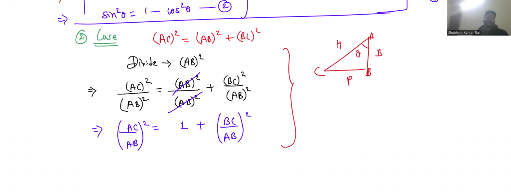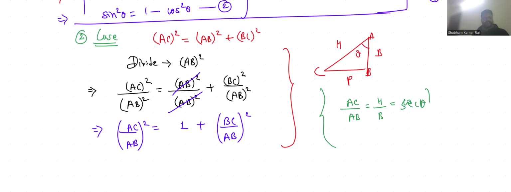As a reminder of the trigonometric ratios, what is AC here? That is hypotenuse. And what is this? It is base. So hypotenuse upon base is what? Tell me. It is basically the reciprocal of cos, that is sec theta, we can say, right?